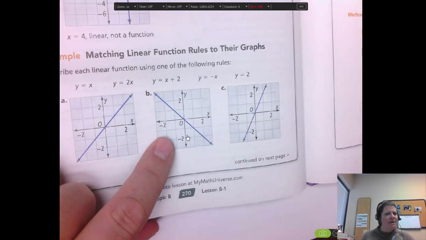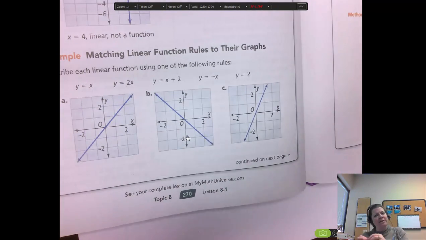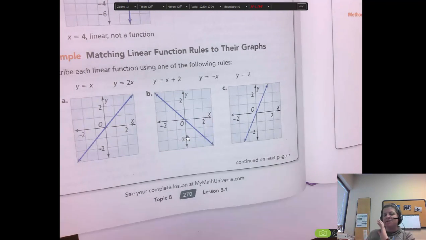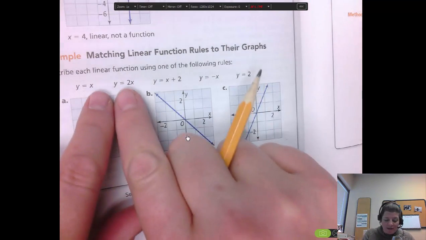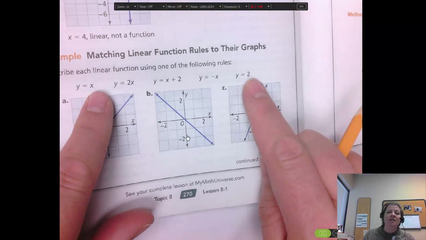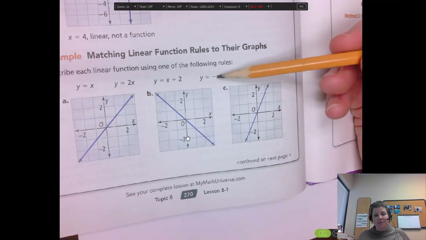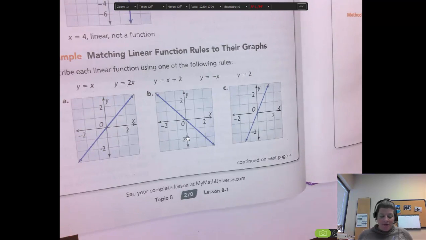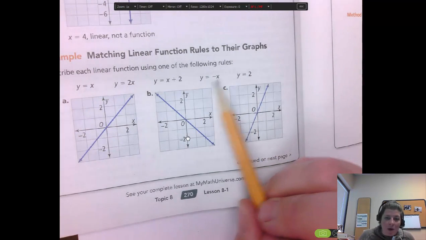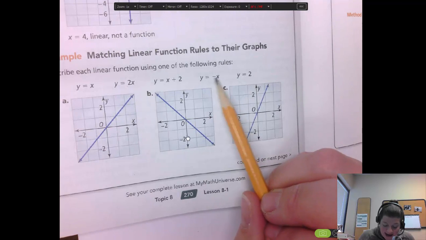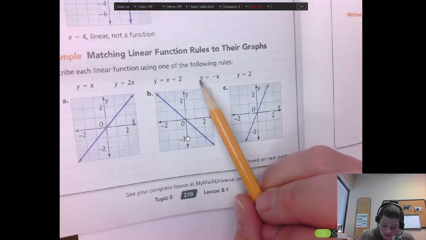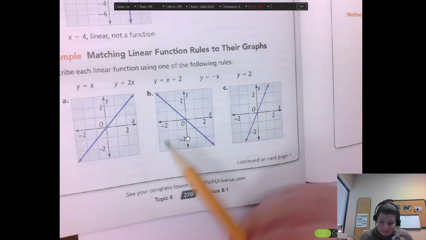So what do we notice about those x's compared to those y's? 1's positive, 1's negative. Well, which one of these looks like it's switching your values to negative? This one, right? If I put in 1 for x, I get -1 for y. So this one matches this one.